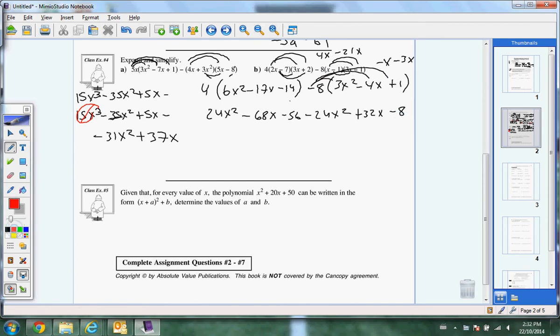So, like I said, we see these cancel. 24 minus 24. Okay, I have negative 68 plus 32. That's going to give me a negative 36x. So that's done. Negative 56 minus 8 is a negative 64. There's your answer for part B.